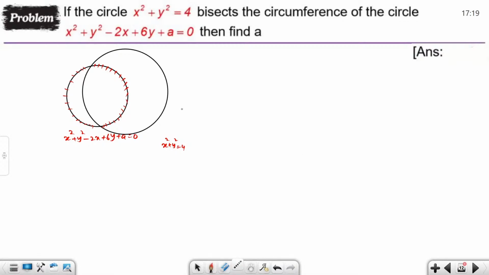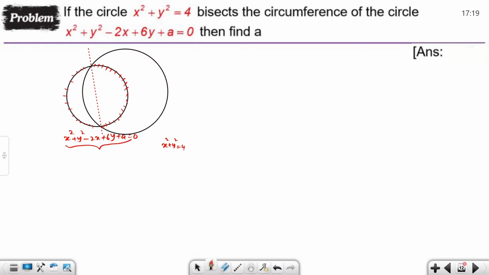It is possible only when their common chord, when the common chord of these two circles, which eventually is the radical axis for these two circles, is the diameter for the first circle.